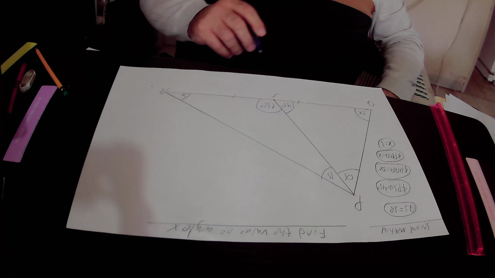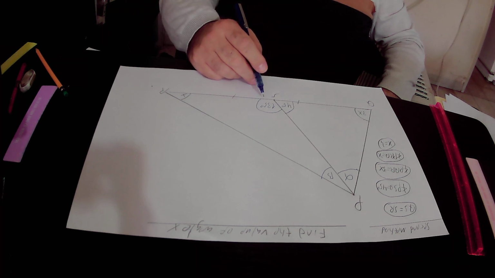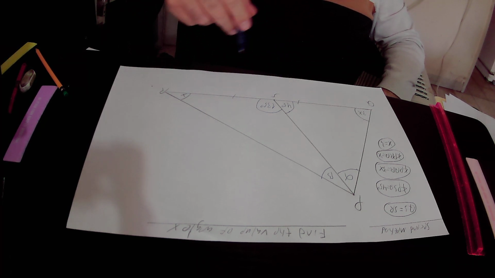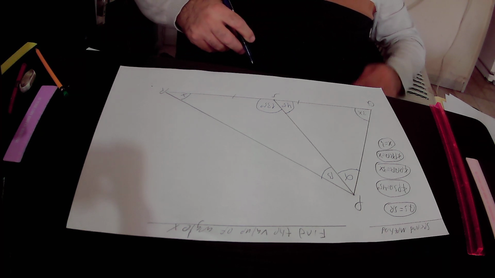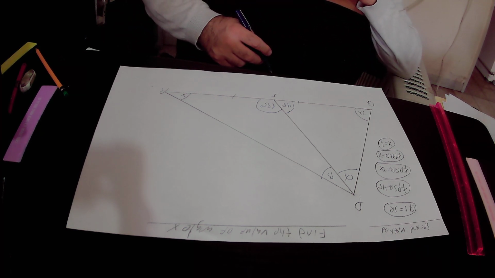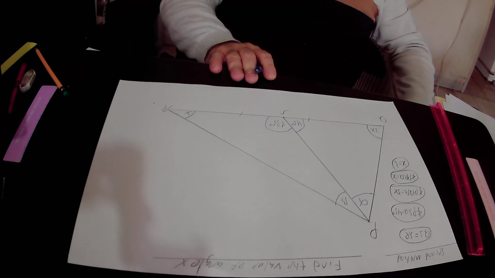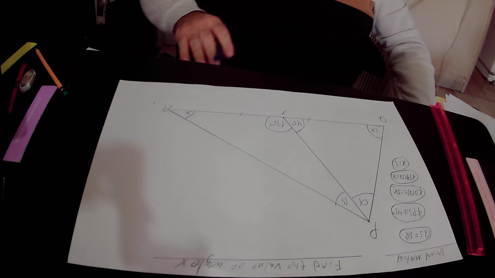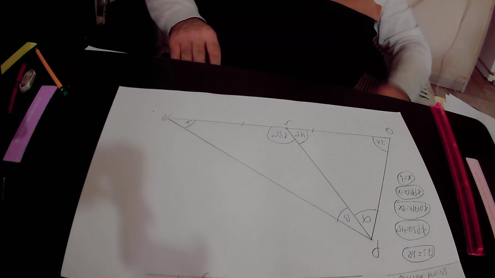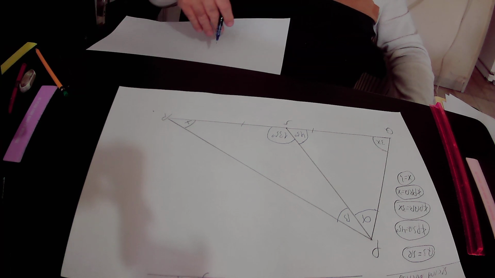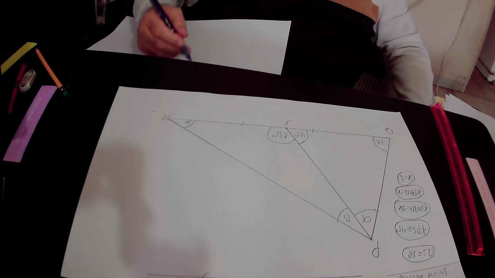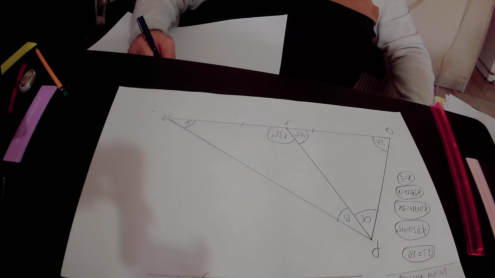Okay, we already found out in the first method that this angle PSR equals 135 degrees. Here we know that the sum of the angles in any triangle is equal to 180 degrees. So if we focus on triangle PQS, we have already done it in the first method, so I will do it shortly.